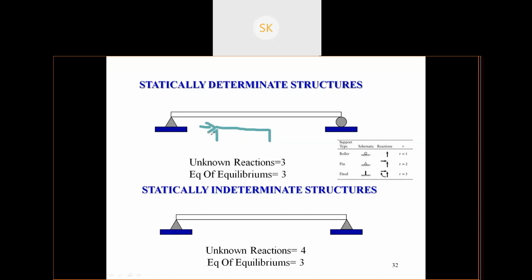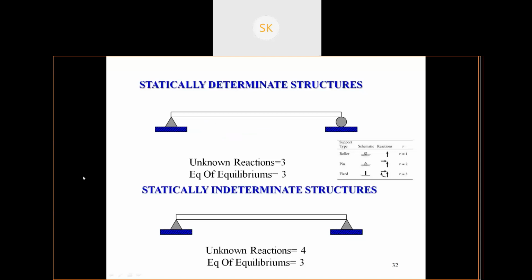This will be the free body diagram of this beam with all the reactions. So for this beam, we have 3 unknown reactions. How? Let me note once again. Let me take a red color.